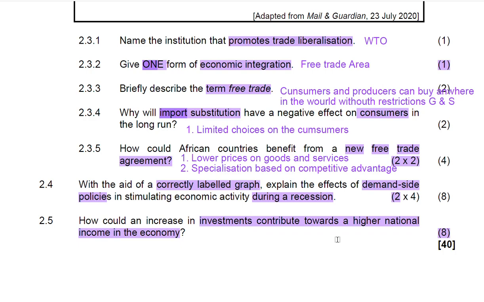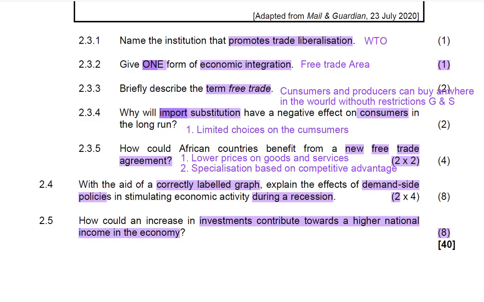So if there's an increase in investment, it helps a lot in stimulating the economy. It contributes a lot to the income of the economy. All right. Because there will be more production as there will be more money invested. That money will be used for production.